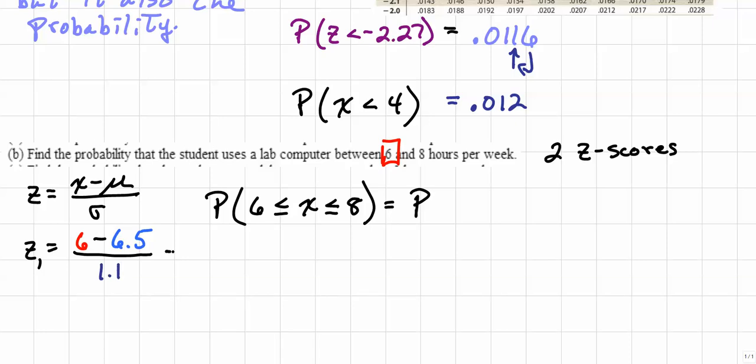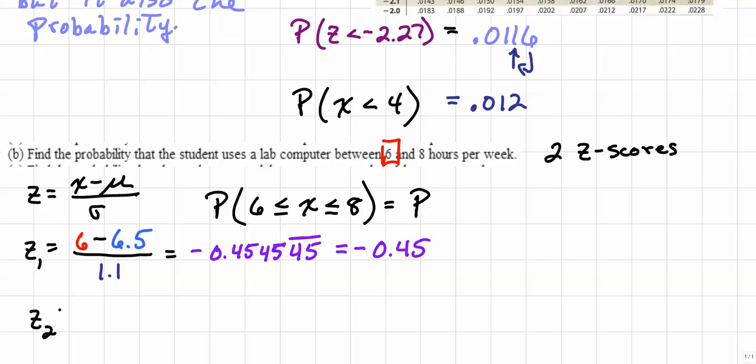Go ahead and calculate that, and we get a negative 0.4545 repeating, which we will simply round to a negative 0.45. Then we're going to calculate the z-score for the second one.